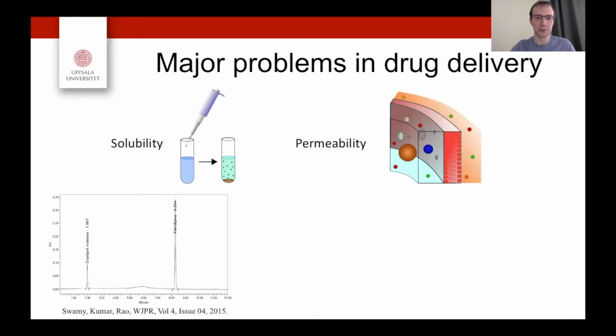So for example, with the solubility, we can perform, well, I guess in the simple case scenario, some shake flask experiment, and then analyze our sample with the HPLC, and then it will show the peak at certain retention time.